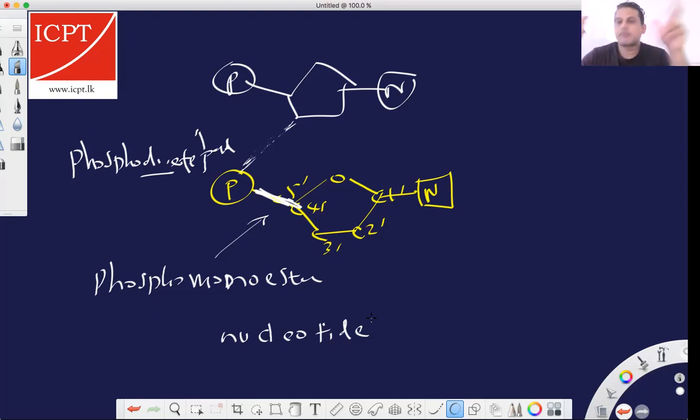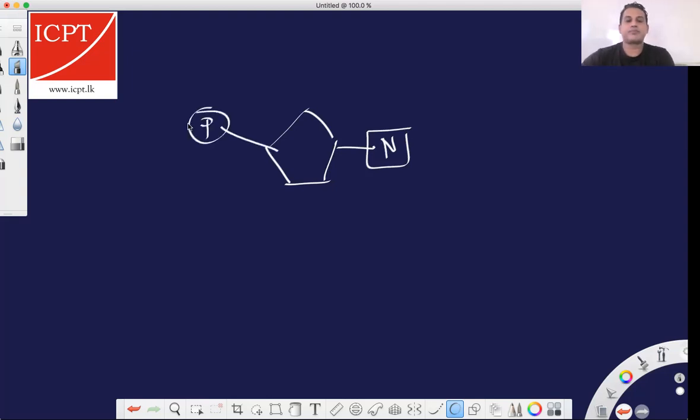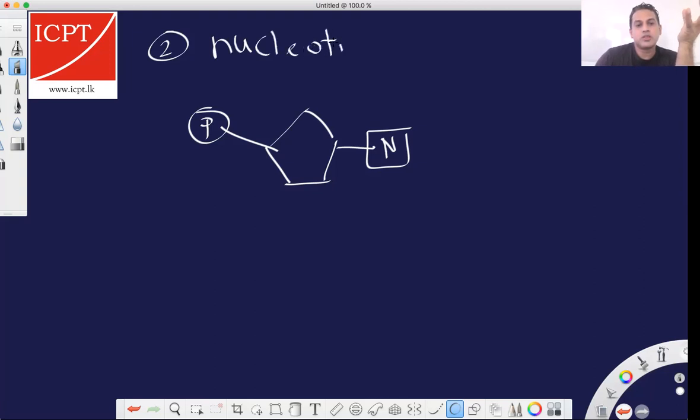Clear? Right, now let's see what's going to happen to this nucleotide, at the nitrogenous base and the phosphate. Now, the second group of enzyme coming up is called nucleotidase. So nucleotidase acts on nucleotide.